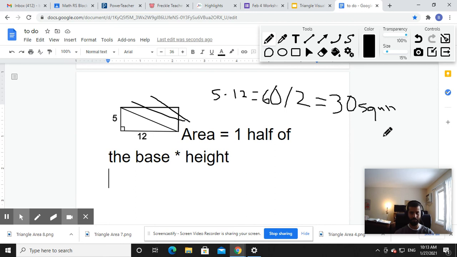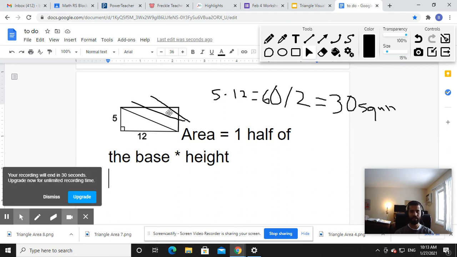Because we imagined that there were 2 of these, and it made it easier to find the area. And then we have to realize, okay, well, there aren't actually 2 of them. So we need to divide it by 2.